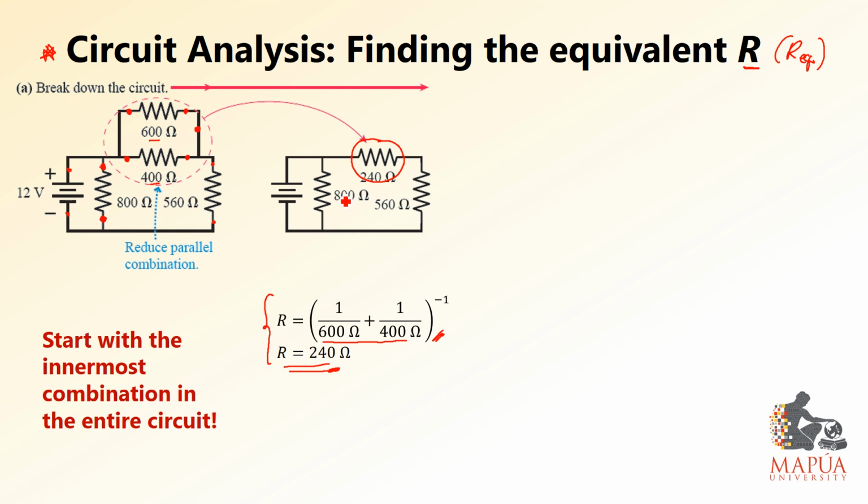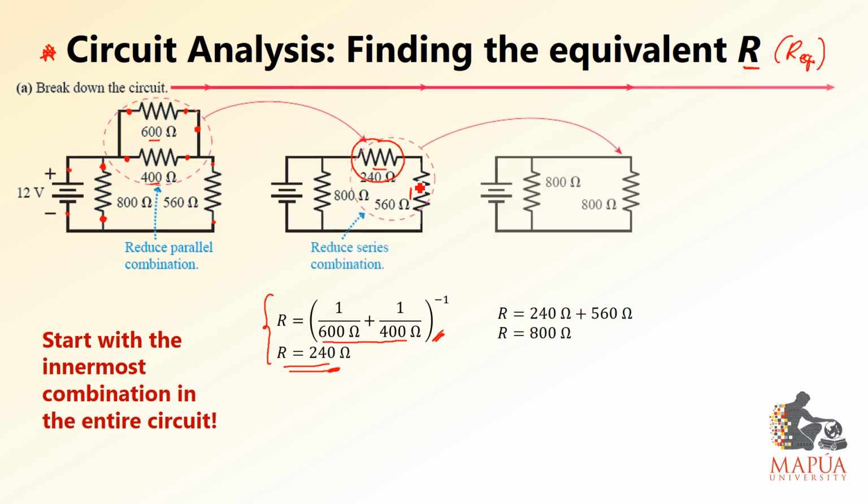Now, as you will notice here, this is not in series here and it's not in series here. However, these two resistors are in series with each other. So that is the second combination that we're going to break down in order to make our circuit simpler.